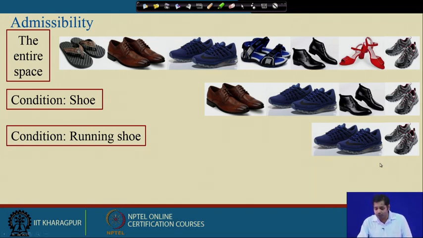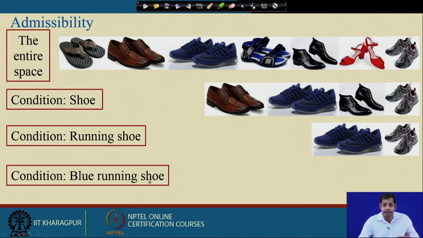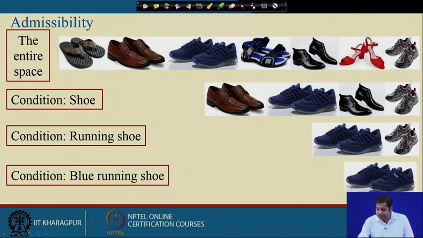So out of these 2, only this one satisfies this condition. Then we say this is admissible with respect to your requirement. This is admissible because this is a shoe, this is a running shoe, and the color of the shoe is blue. So it satisfies all the requirements that you have.